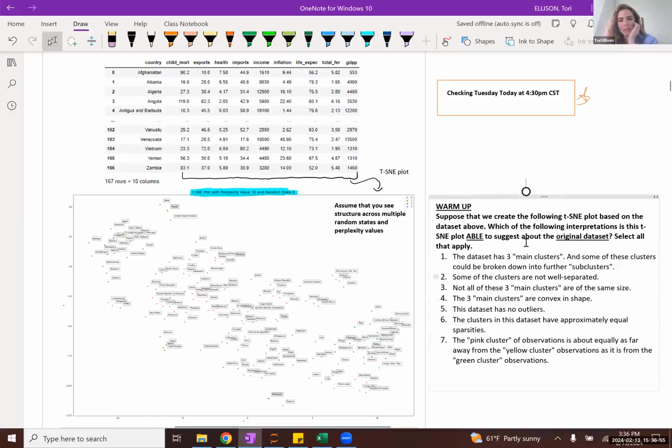So the warm-up here is to evaluate whether or not you're able to make each of the following interpretations about the original data set. I'll give you about 10 more seconds to select all of the statements that you think are true.